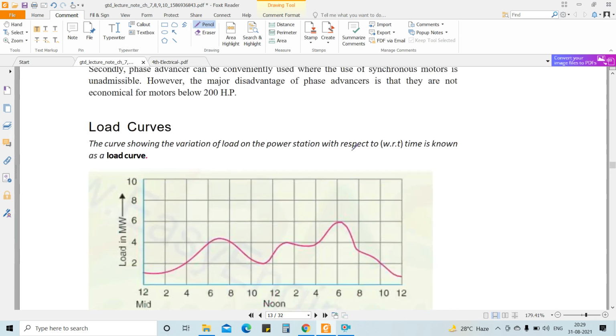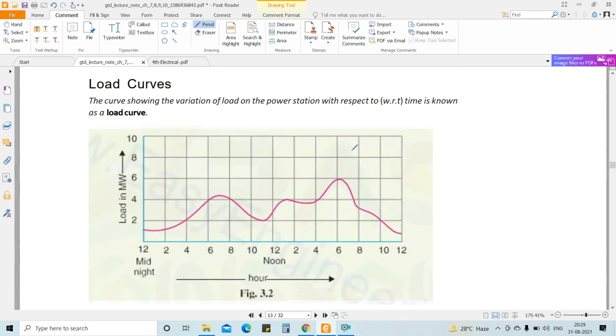Okay, so the next part is the load curve. Before going to this economic aspect part, let's just recall what you studied till now: what is power factor, what are the causes of low power factor, what are the effects of low power factor, and how to improve the low power factor.